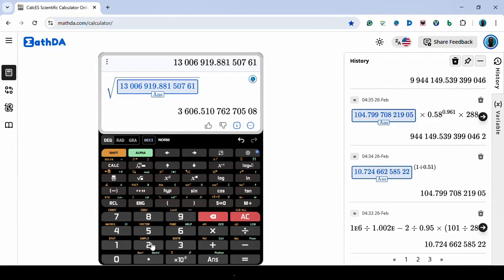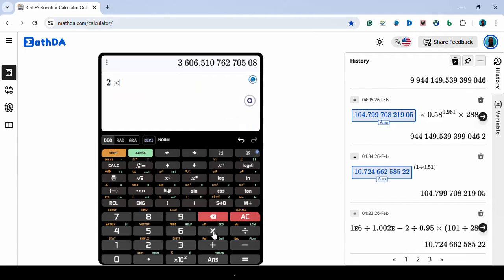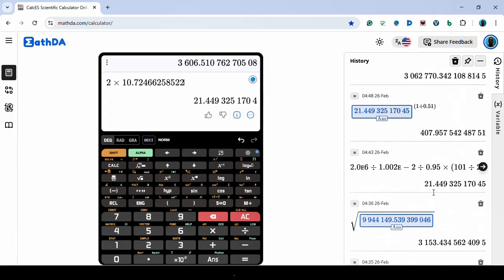So now let's say 2 times 10.7246625852. This will give us 21.449352. So when you go to this, you'll see it's the same thing, 21.44935210 and 45. So that is it.